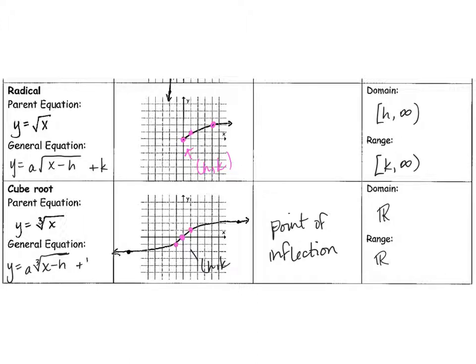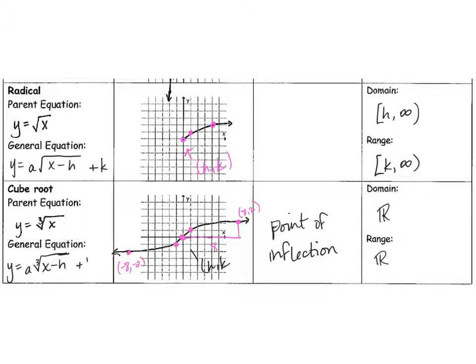Cube root of -1 is -1. But now we go all the way out here to 8, because the next thing that has a perfect cube root is 8. This would be the point 8, 2 on the parent graph. And this out here would be the point -8, -2.